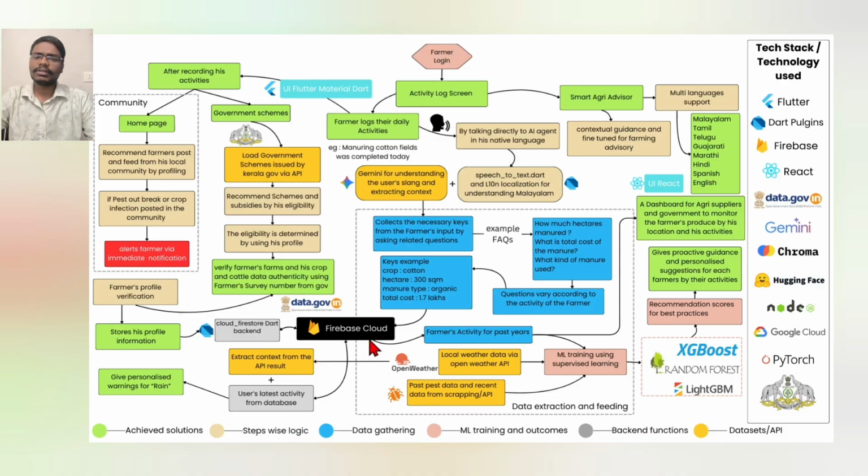But where will we use this data? Let's see. After the farmer's activity is recorded, the activity and past years' records will be stored in the cloud database. We use the farmer's activity and the keys we extracted, along with local weather data from a weather API, which tells us the live weather right now.